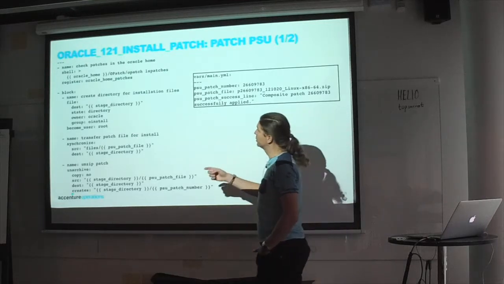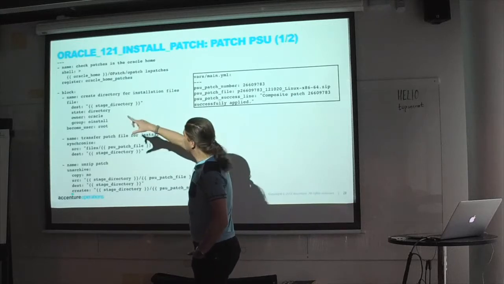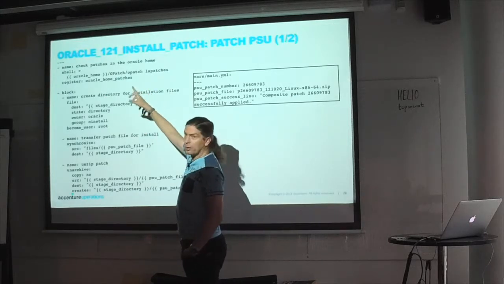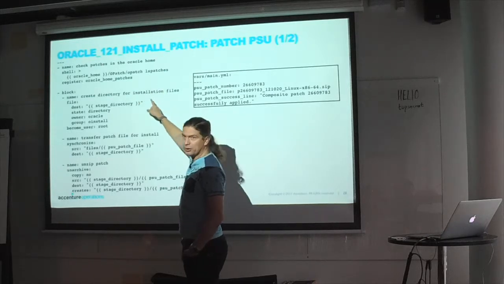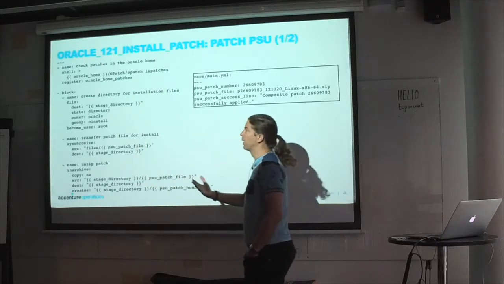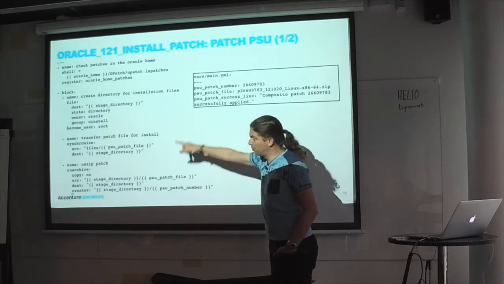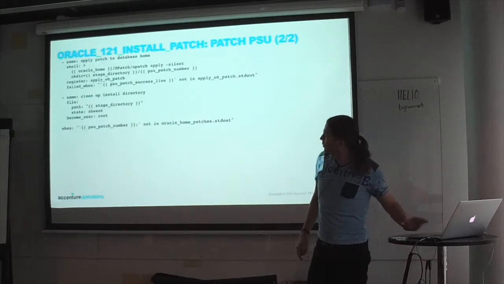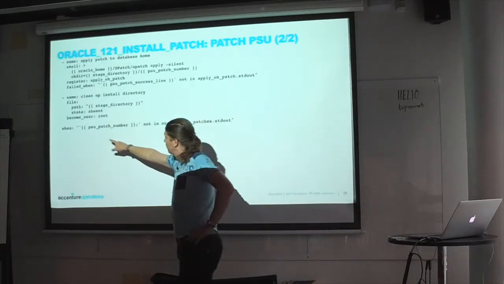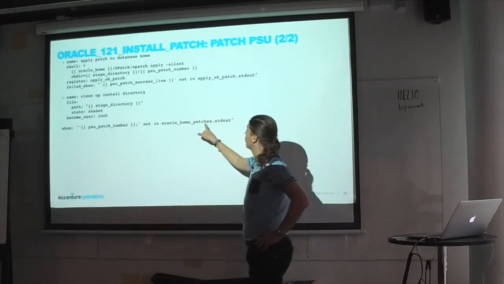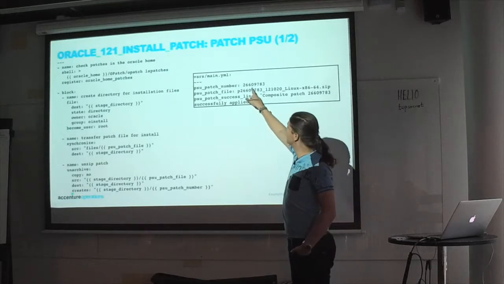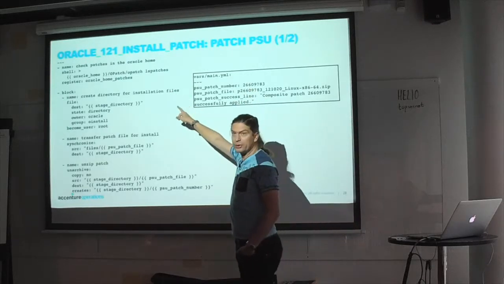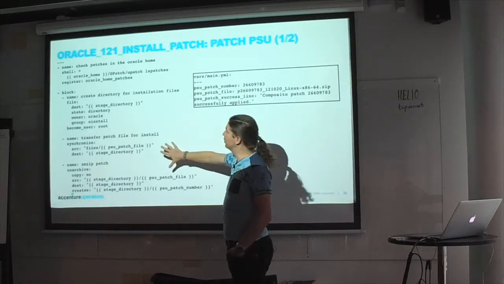But essentially the steps here, well, not exactly the same. Again, scripts need to be rerunnable. I first run OPATCH lspatches to pick the patches applied to the current home, and then I create a block. Essentially I say when the PSU patch number is not in the Oracle home patches standard out. So if the patch number is not in lspatches, this block is executed.